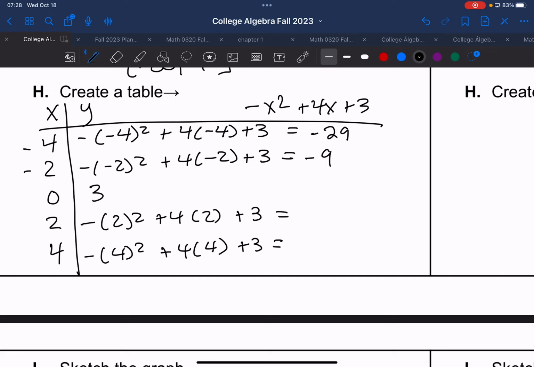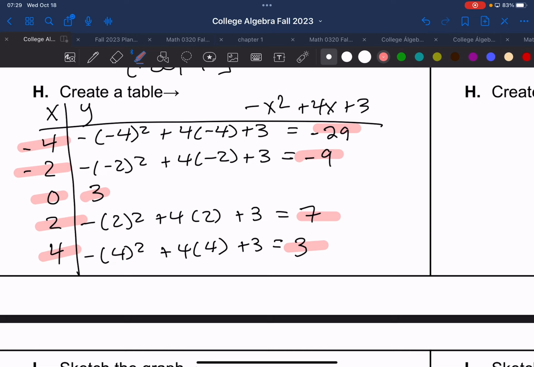Then 4, 7, 16, negative 16, 0, 3. Okay. Everyone get the same? Definitely a good idea to practice this on your calculator to make sure you're getting the same ones as me. That means you're using your calculator correctly.